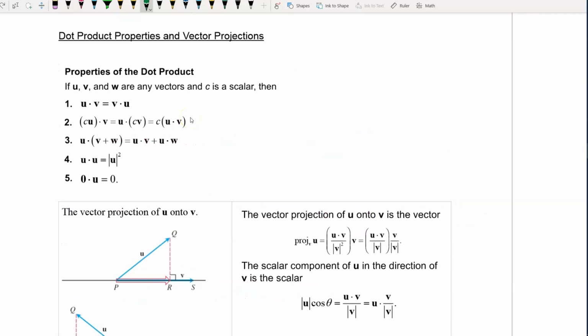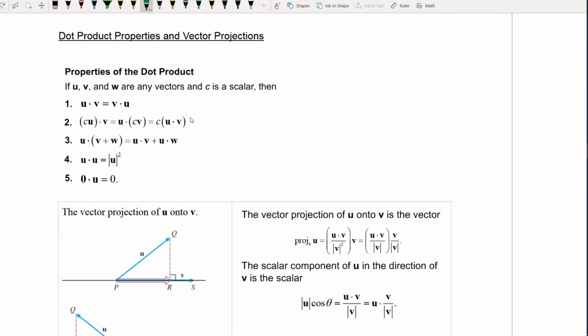Dot product properties and vector projections. Here we have the properties of the dot product. If u, v, and w are any vectors and c is a scalar, then number 1, u times v is equal to v times u. Number 2, c times u inside parentheses multiplied by the vector v is equal to u times c times v inside parentheses, and that is equal to c times u times v.